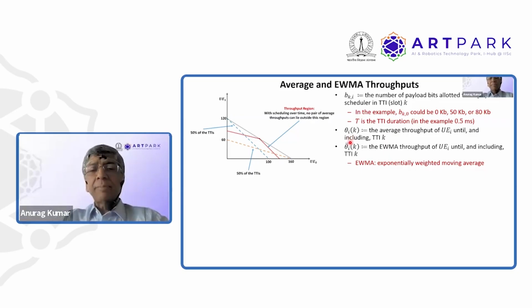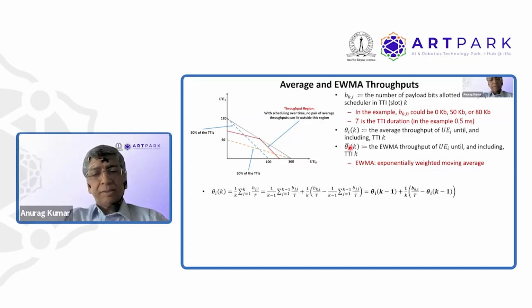Theta I bar k, which I'll define now, is the exponentially weighted moving average. I'll discuss what it means and what the advantages are in the next couple of slides, because we'll then begin to use it. So theta ik is the natural average. Theta I bar k is a moving average with an exponential weight.